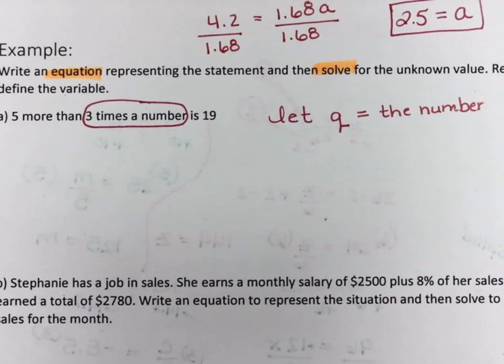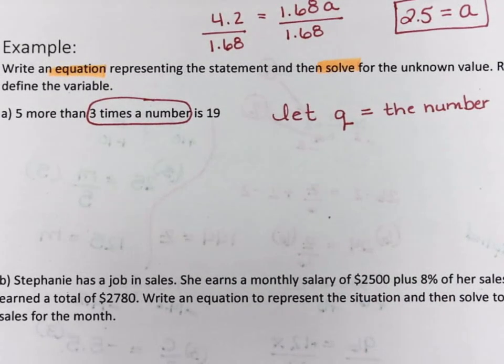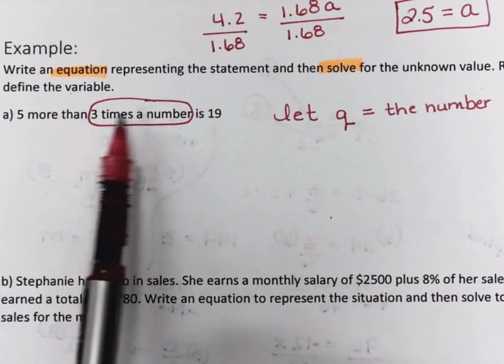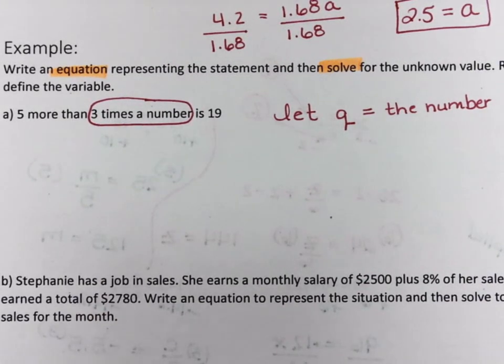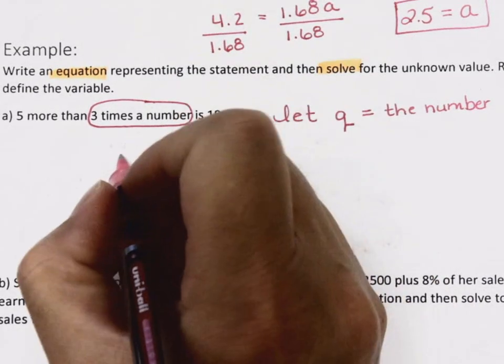So we're going to define our variable. And I'm going to start here. 3 times the number. What is that going to look like in an algebraic sentence? What's 3 times the number? Isn't that just going to be 3Q? Right?